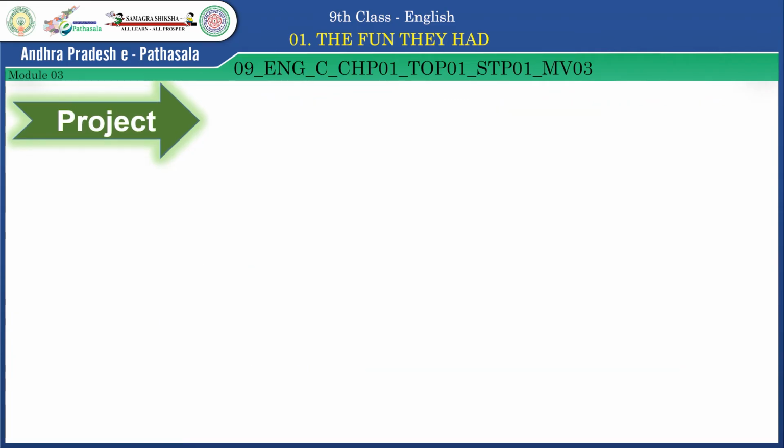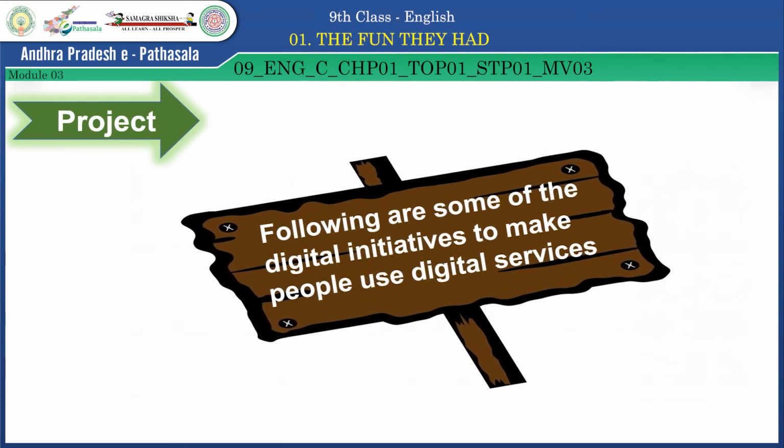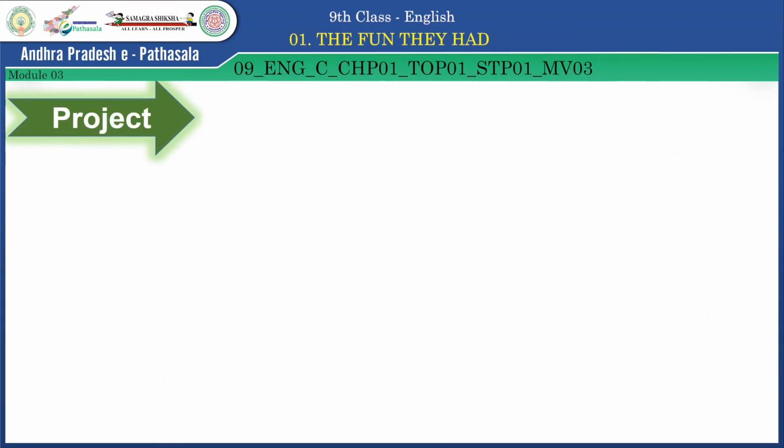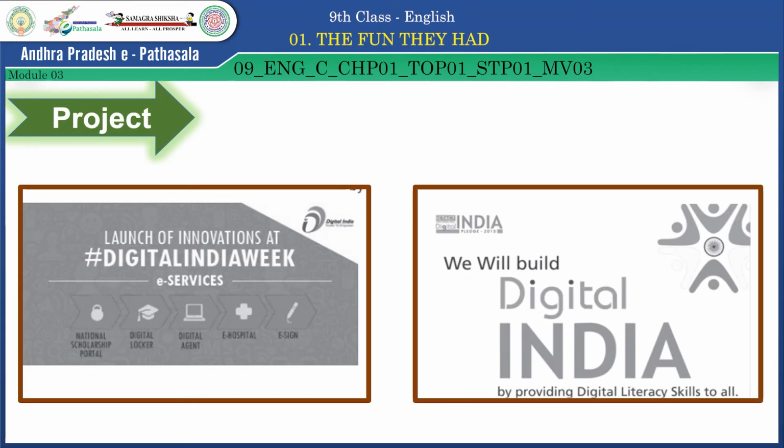To know some of the digital initiatives, the following are some examples. The government organized Digital India Week to familiarize people with the e-services that it has been providing, as the government decided to build a digital India by providing digital literacy skills to all.